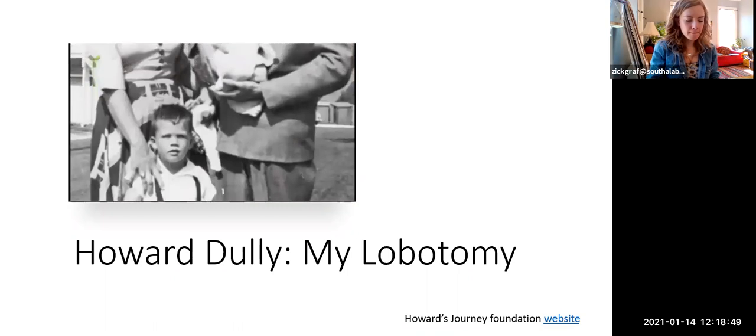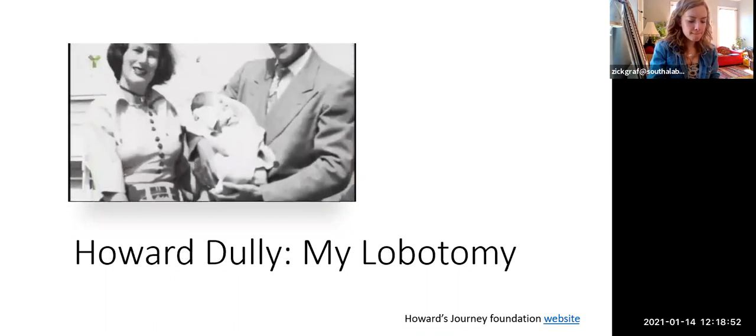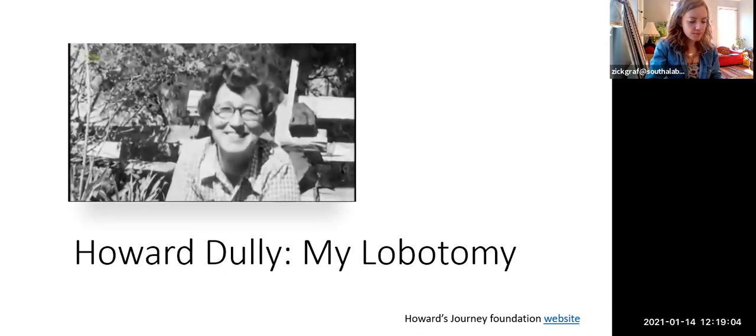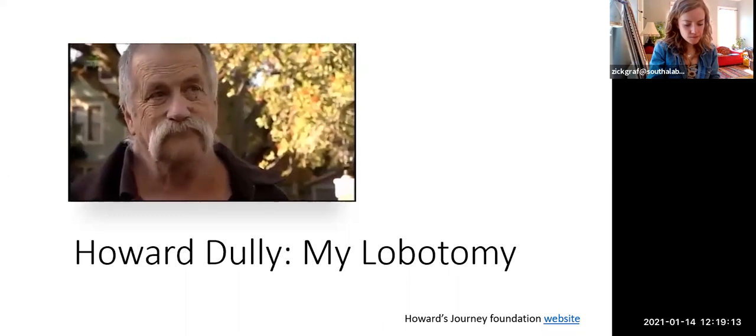Howard's mother died when he was just 5 years old. His father married again, but Howard and his new stepmother, Lou, had a very difficult relationship. I felt that she was trying to take the place of my mother, and I resented that. How did she respond?